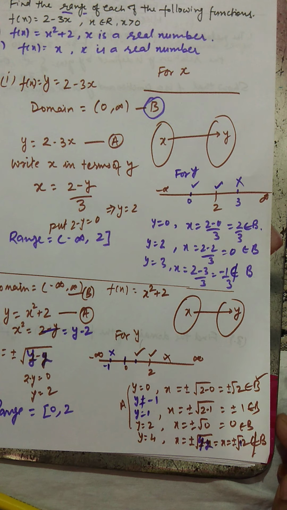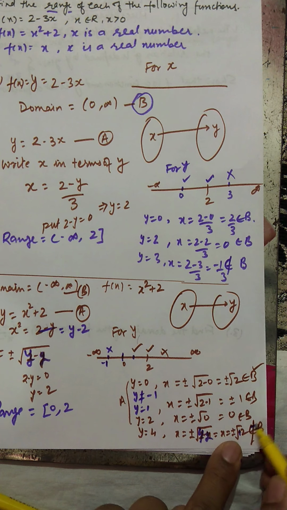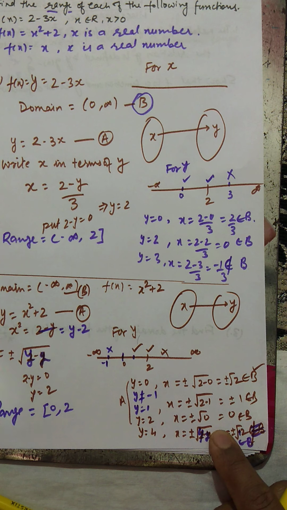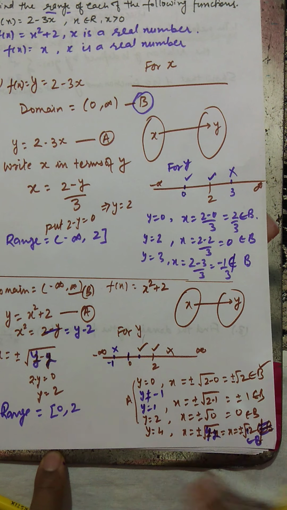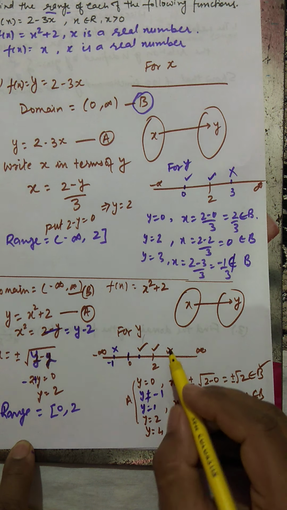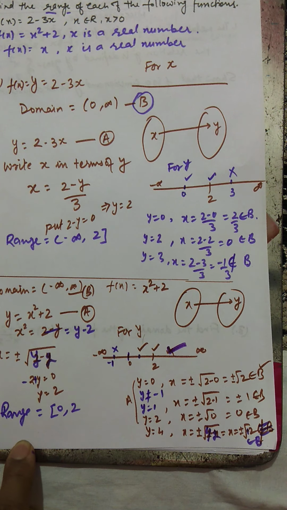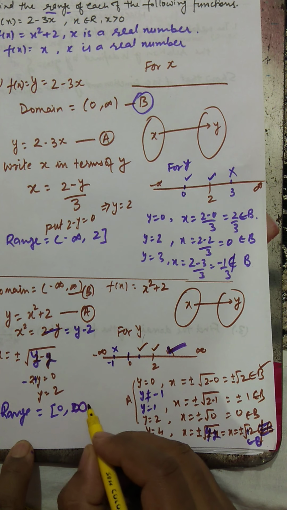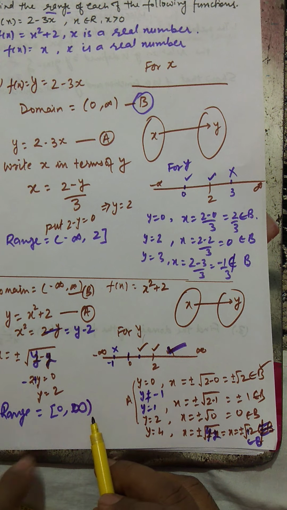So this is okay. So earlier we were saying that this is not okay, but this is okay, this is belonging to B. So this can be taken. So if this can be taken, this is under root 2, then y equal to 4. So it means we can take this interval also. So your range is going to be 0 to infinity.